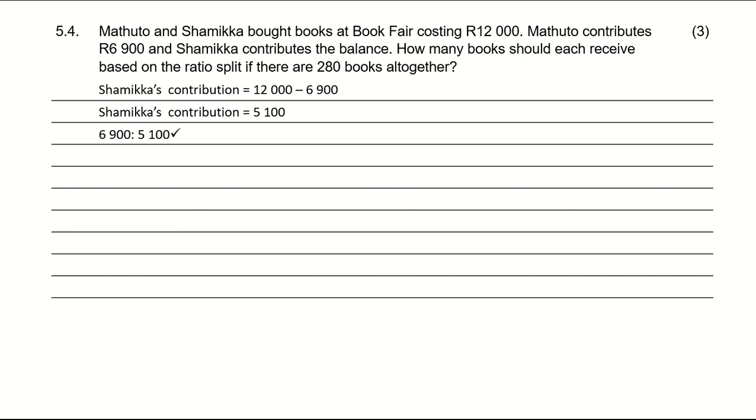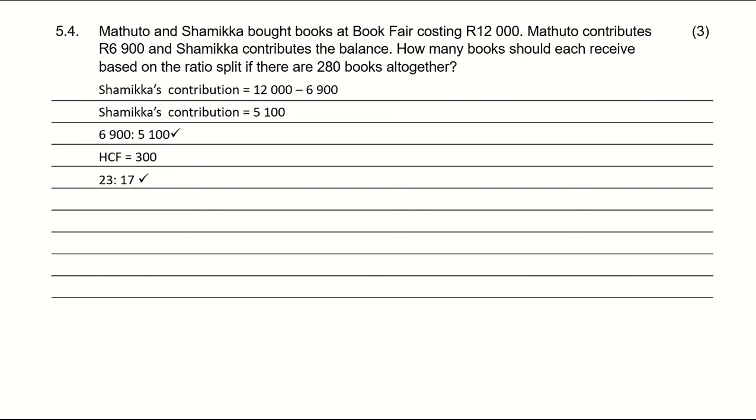Find the HCF between these two numbers. You will get an HCF of 300. Take 6,900 divided by 300, it'll give you 23, and then take 5,100 divided by 300, it'll give you 17. So this is the ratio of Matito's contribution to Shamika's contribution.